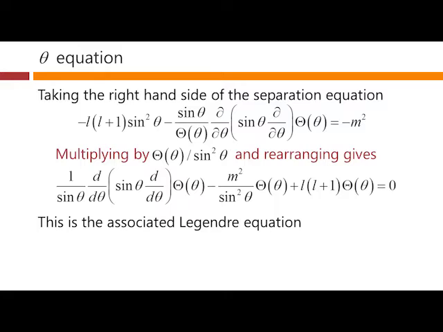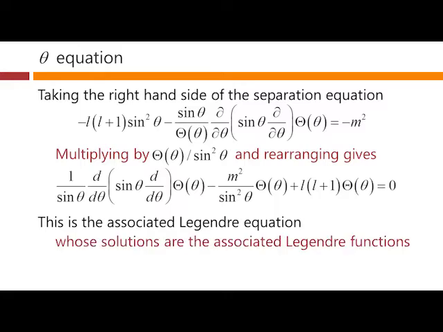Now, this equation is what's known as the associated Legendre equation. And the solutions to this equation are known. They are called the associated Legendre functions. And we can write those in a standard notation in the following form. P with a subscript L and a superscript M of the cosine of theta.